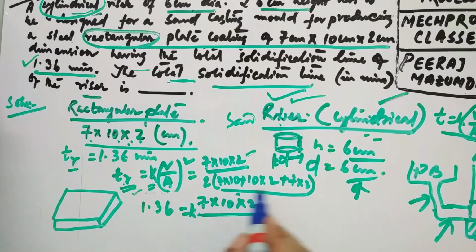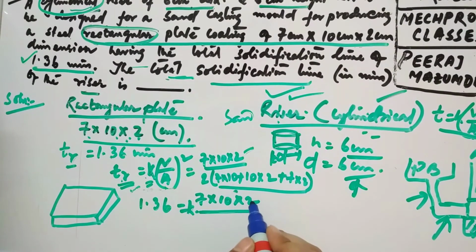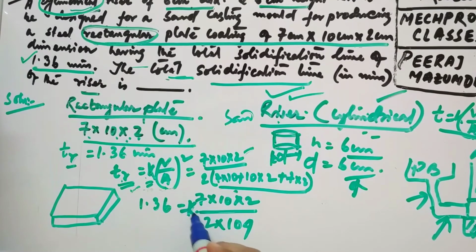It will be coming as 104, so 2 into 104, let me check. Yes, 104 only. So this is your K into this one value.